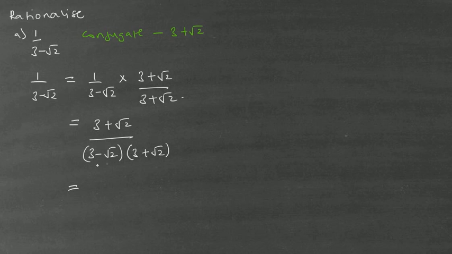You clearly see that in the denominator we have something like a difference of 2 squares. When, for example, you have a minus b into a plus b, this is the same as a squared minus b squared. When you expand this, it will give you this. So you can say this is like our a, this is like our b.